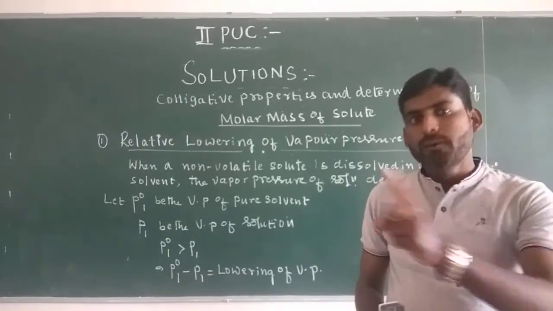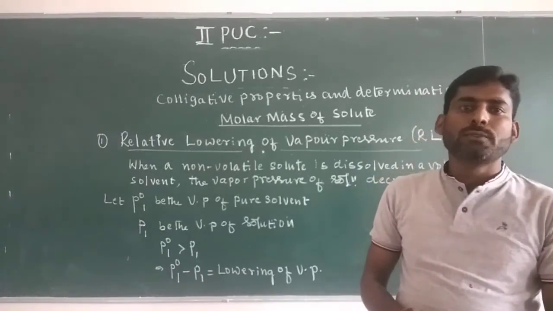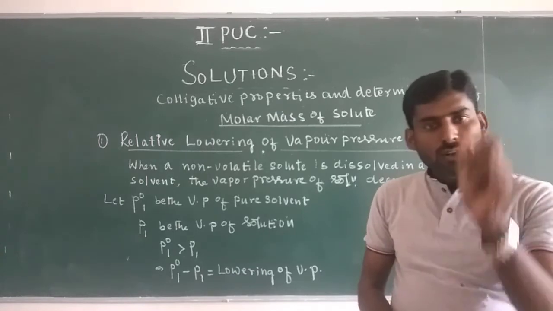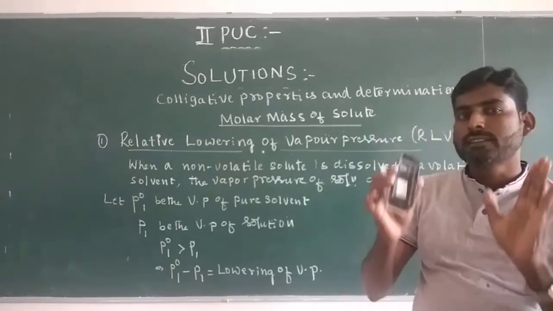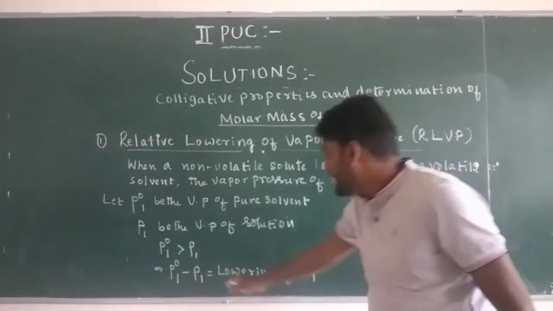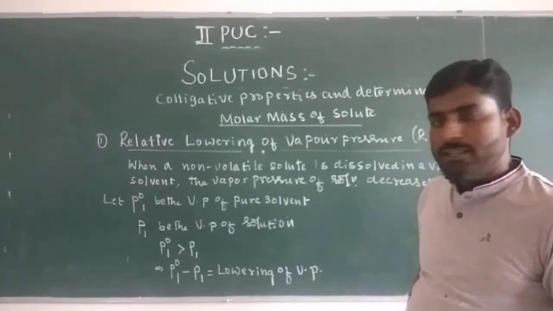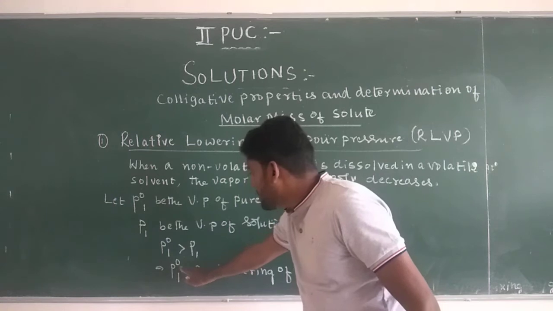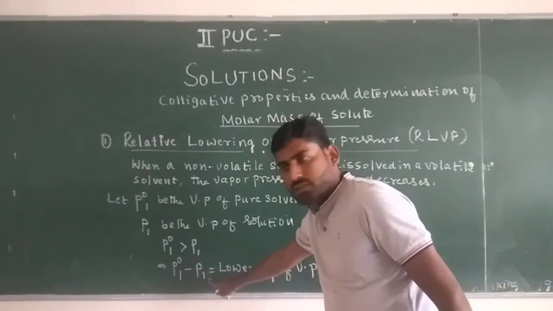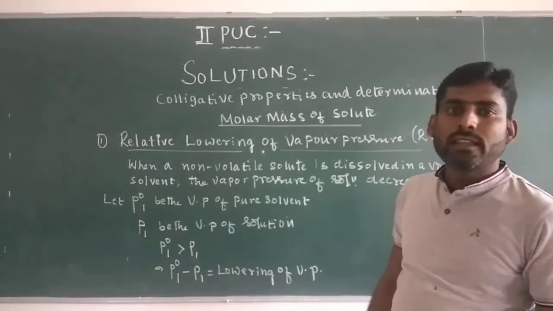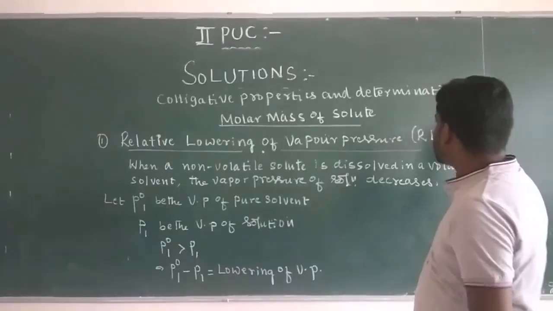But whenever a non-volatile solute is dissolved in the volatile solvent, a solution is formed, but the vapor pressure decreases. Now, the difference between vapor pressure of pure solvent and vapor pressure of solution is called lowering of vapor pressure.